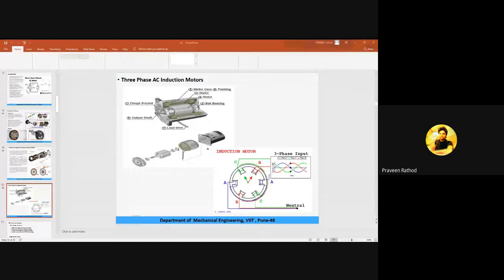Because the flux is stronger initially at lower speed and weakens at higher speed, the torque decreases as the speed increases. The overall power remains constant.